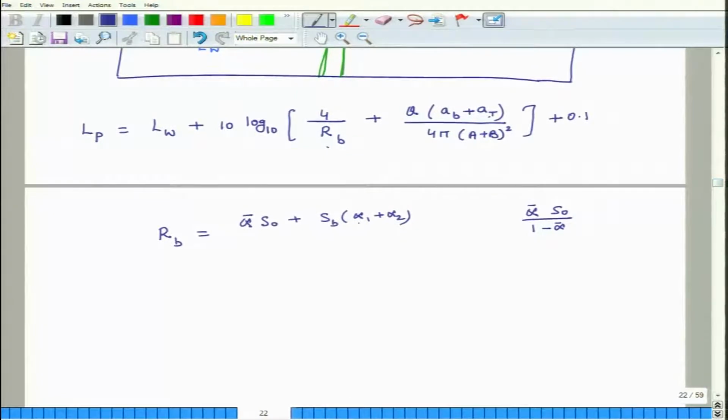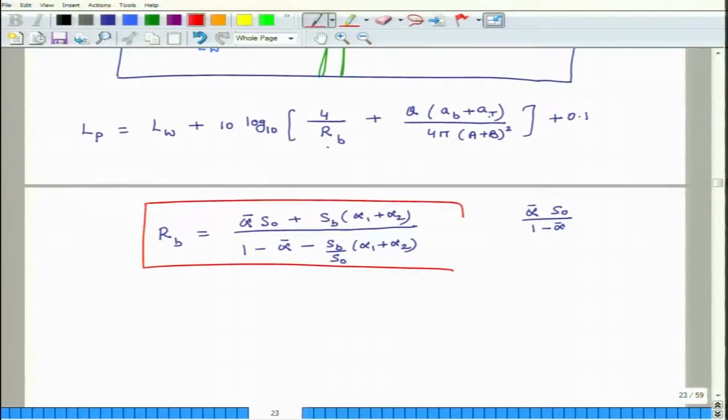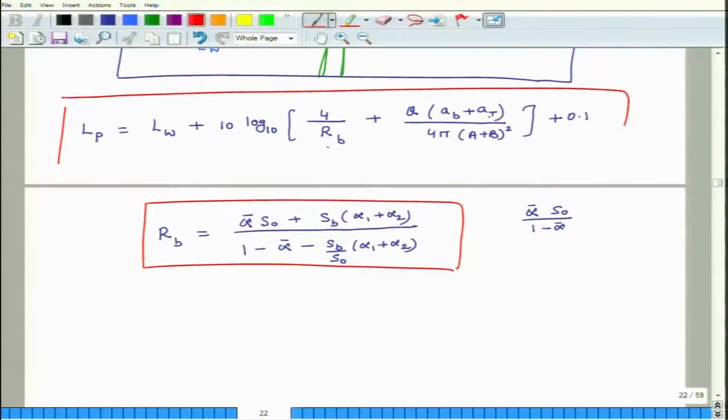So, this is the total area times their absorption coefficients, and in the numerator also I introduce these things. So, first I compute RB, and after I compute RB, then I can use that RB to compute LP.